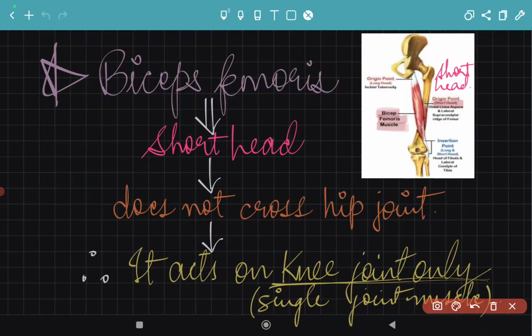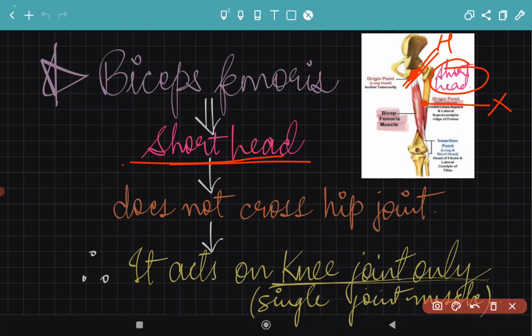Now, a point to be noted about the short head of biceps femoris as compared to the long head. The long head originates from the inferomedial impression on the ischial tuberosity, so it is crossing the hip joint. But the short head of biceps femoris originates from the lateral supracondylar ridge of femur or the distal linea aspera, so it is not crossing the hip joint.